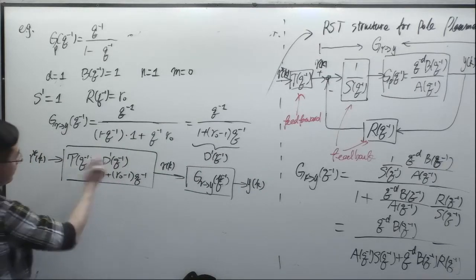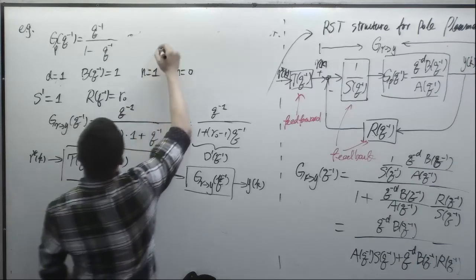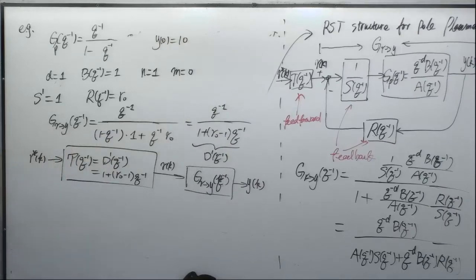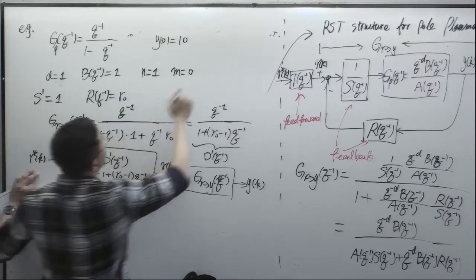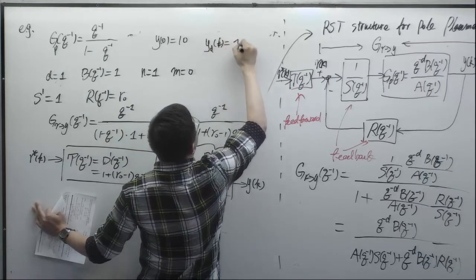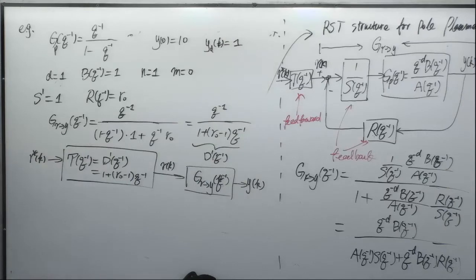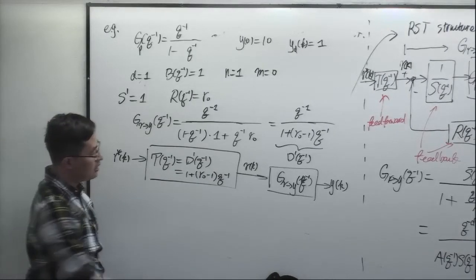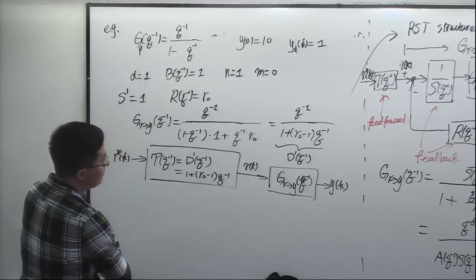This is the picture. Let's say we have some initial condition where Y0, let's say it's at 10. And then let's say R star, our desired goal is to make the system track a constant from an initial position of 10 to go to 1. Let's see our design, how it makes the convergence happen.